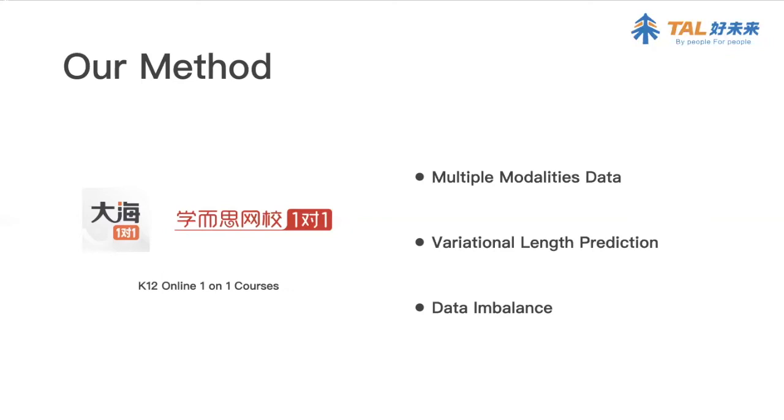Second, the prediction runs dynamically, which requires the system to make predictions for students with various lengths of learning history. At last, since dropout samples are always rare compared to non-dropout ones, the data imbalance problem also exists in K-12 students' datasets.